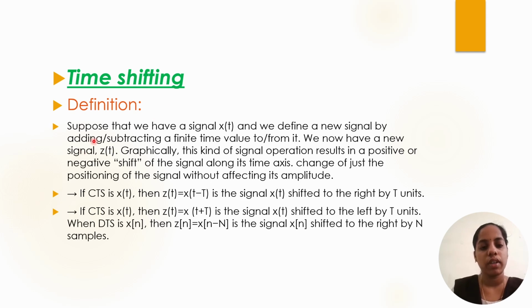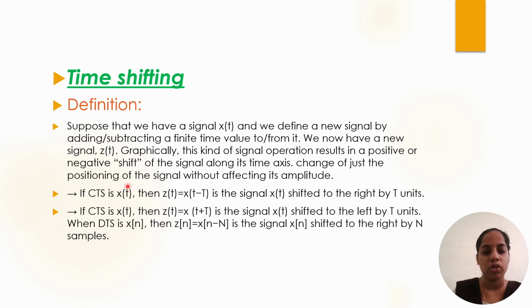Definition of time shifting: x of t defines a new signal by adding or subtracting a finite time value from it. Graphically, this kind of signal operation results in a positive or negative shift of the signal along its time axis.